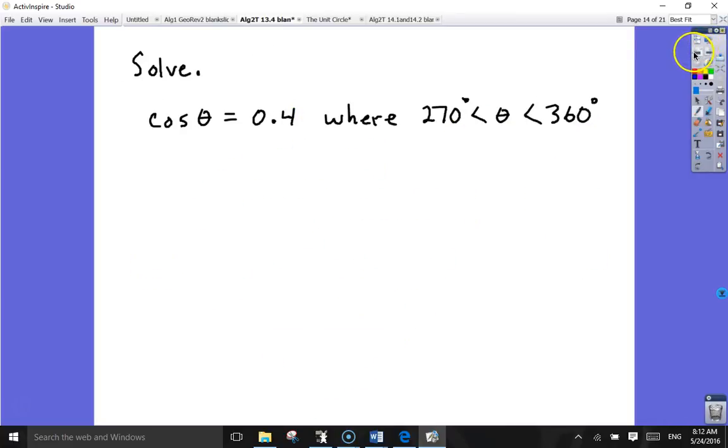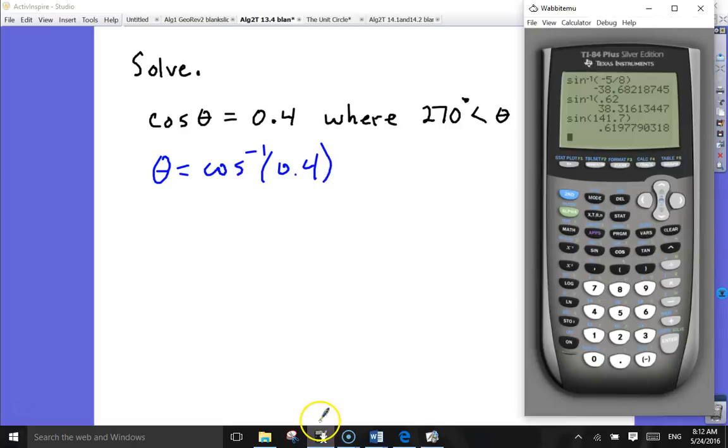Solve: cosine of theta equals 0.4. That means theta equals cosine inverse of 0.4, which is 66.4 degrees.